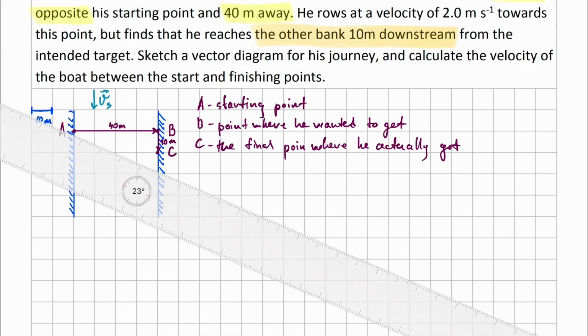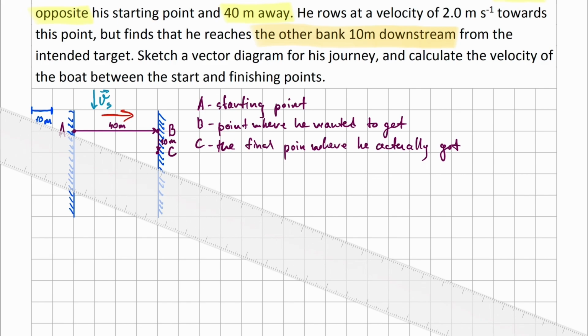So he started in A and he wanted to go to B, but instead he moved downstream for 10 meters and he ended up in C. What does it mean for us? It means that the distance he covered is not 40 meters and it is not 10 meters either. It's something in between of their sum.